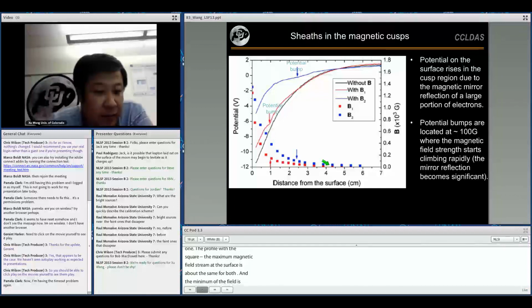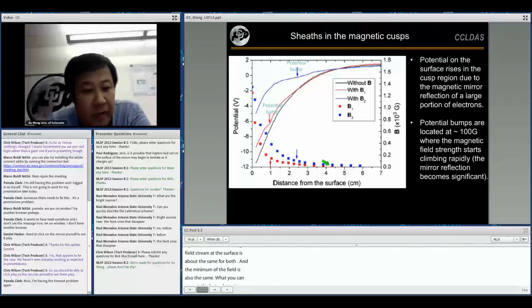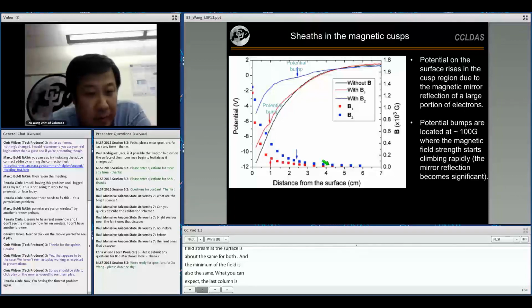So what you can expect is that the loss cone, also the pitch angle, is about the same, because that depends on the ratio of B max to B min.